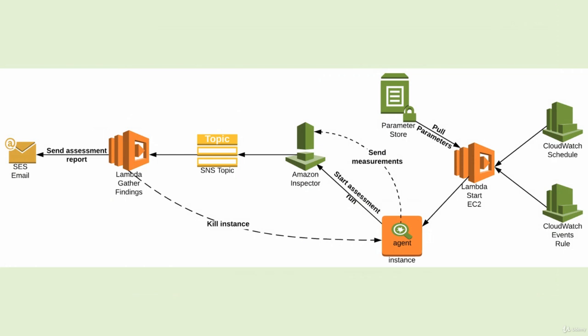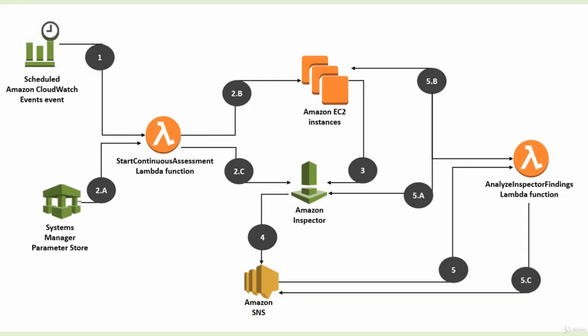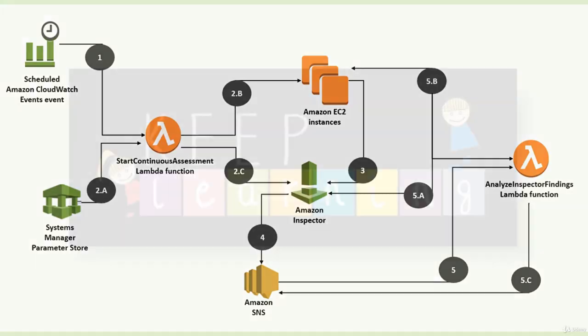The assessment would kill the instances that are malicious after an inspection is done. Simply, it could be integrated with other services as well, such as Parameter Store, SNS, CloudWatch, EC2, Lambda, GuardDuty, and more.